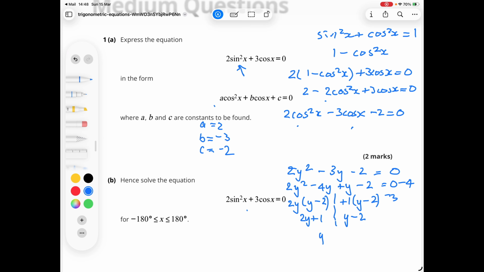Therefore, y equals minus 1 over 2, and y equals 2. Now our issue is that cos x equals minus a half, and cos x equals 2. We know that one doesn't work because cos only goes between 1 and minus 1. So cos x equals minus a half.